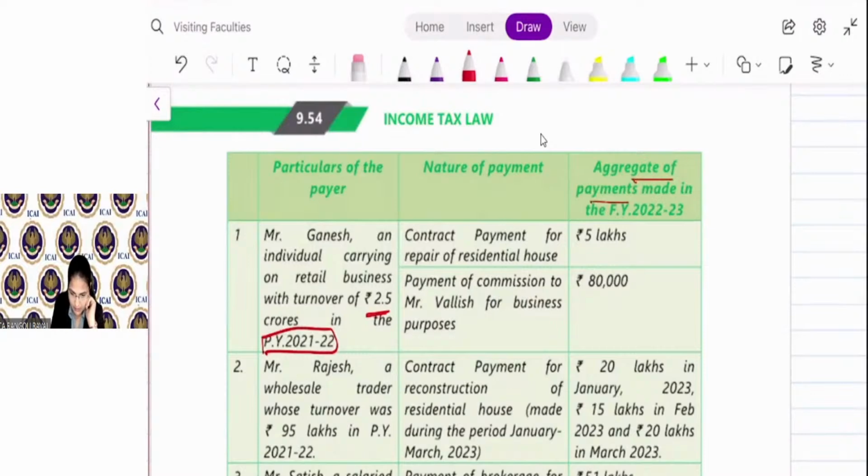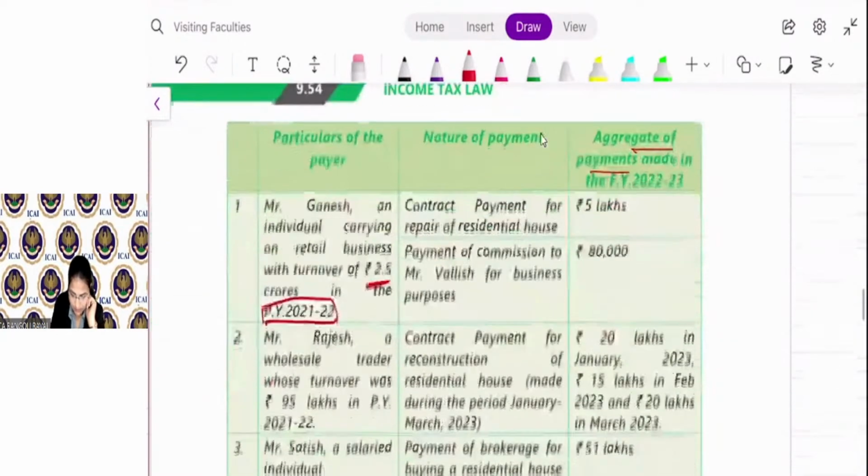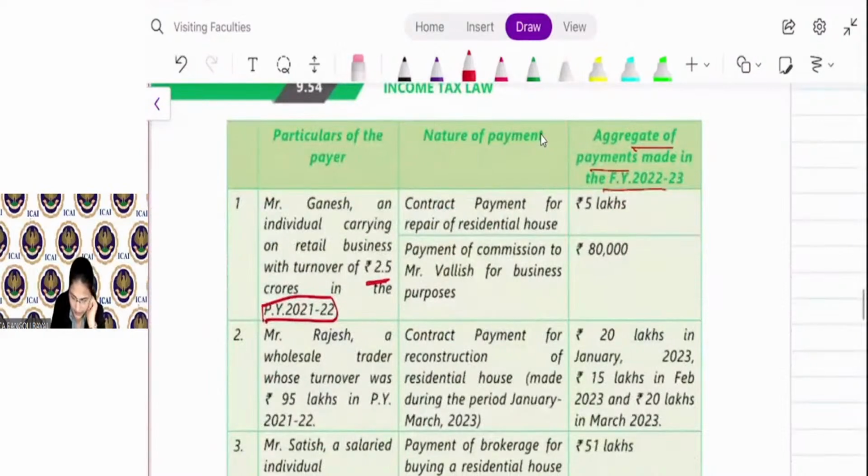Aggregate payment in financial year 22-23: he made a payment of rupees 5 lakh, and his turnover in the last previous year, that is previous year 21-22, is 2.5 crore. That is more than 1 crore.